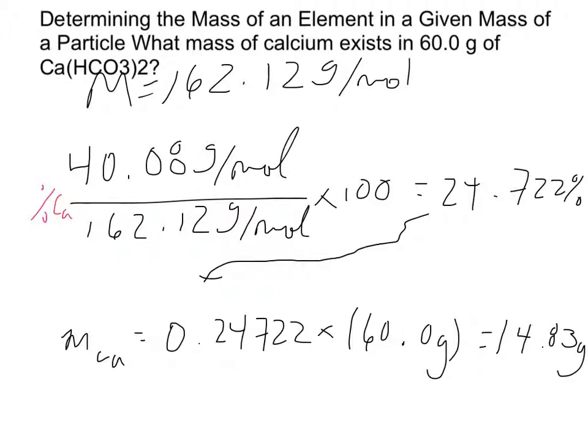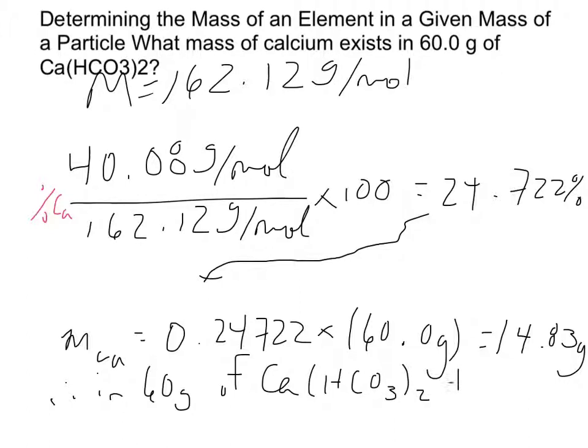So that means in the total 60 grams of calcium hydrogen carbonate, 14.83 grams are calcium. So you can make your therefore statement. Therefore, in 60 grams of calcium hydrogen carbonate, there is 14.83 grams of calcium. Beautiful.